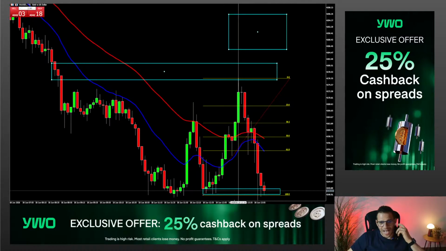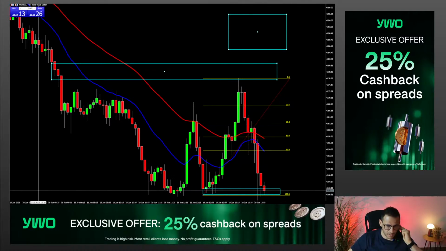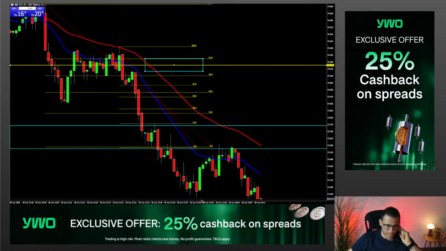Here it comes again. My goodness. WTI now looks very bearish from this point. Yeah, I think we're gonna get a break on the WTI. Sellers will take control here.